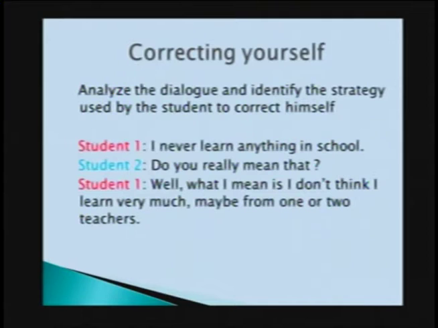So student 2 wants him to realize what he has just said. Come on, you're going to school. Well, do you really mean that? And the answer by student 1 is, well, what I mean is I don't think I learned very much. Maybe from 1 or 2 teachers.